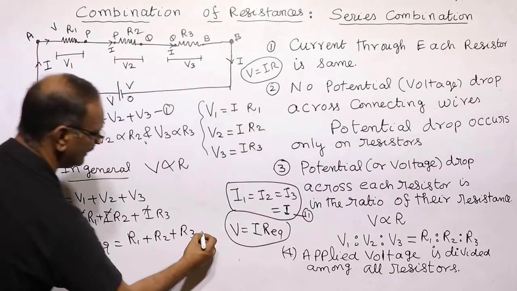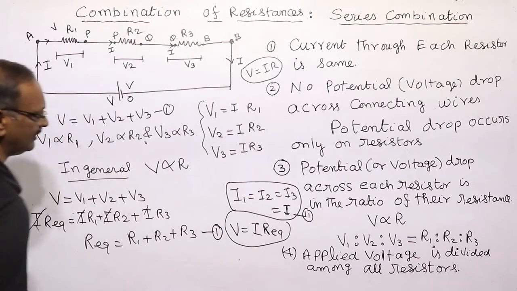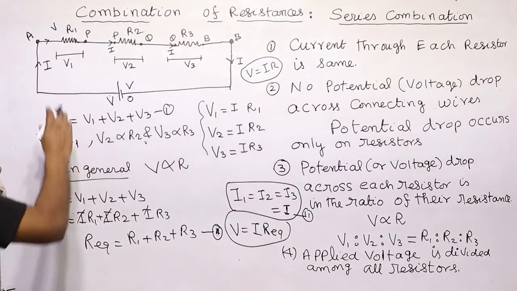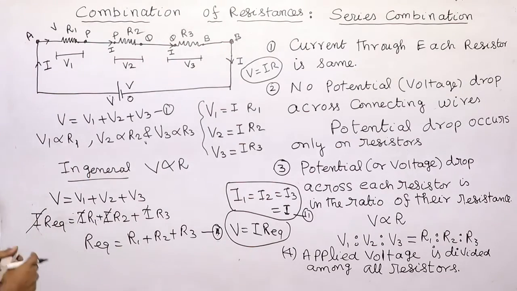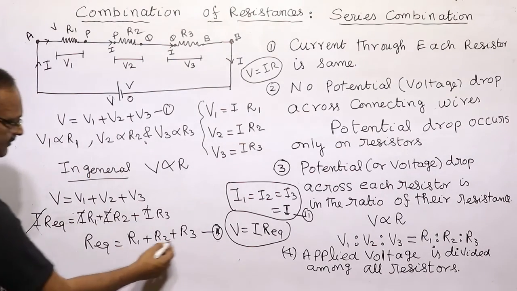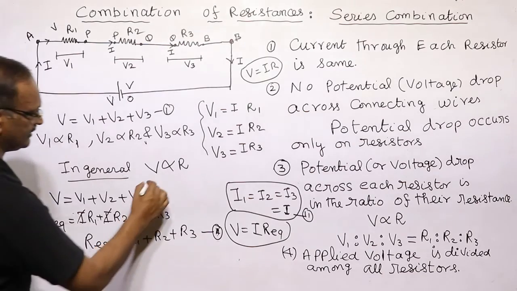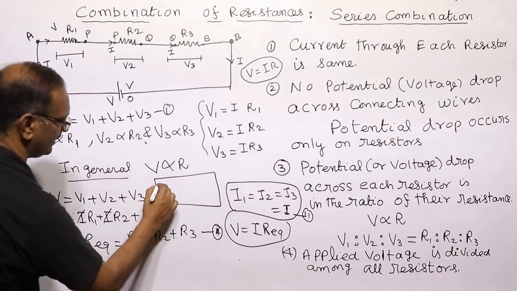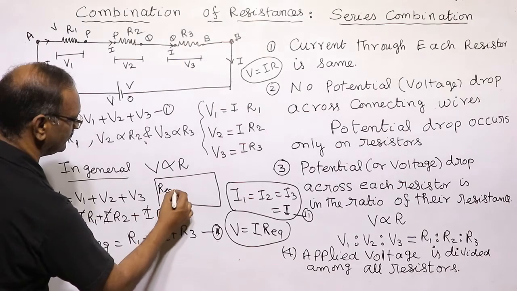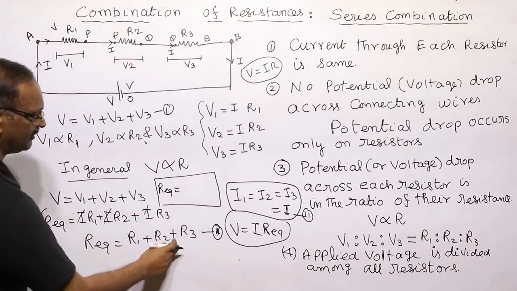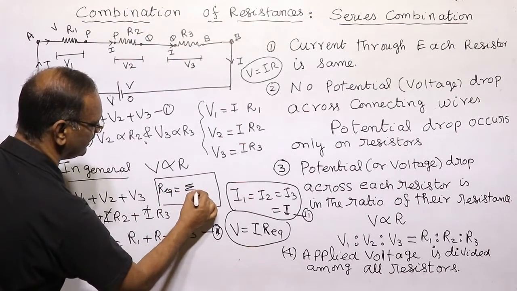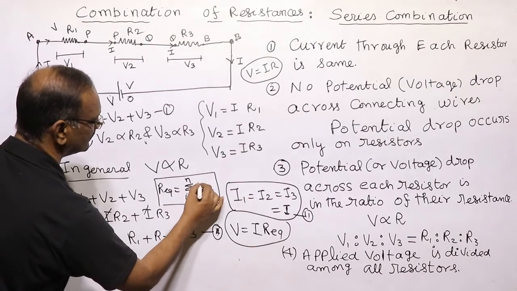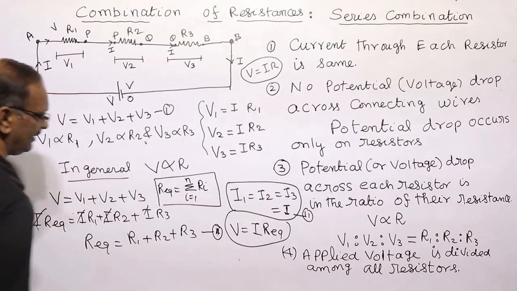So this is the equivalent resistance when resistors are connected in series. It is for the case of series resistance. Suppose you want to write R equivalent: R equivalent is equal to R1 plus R2 plus R3. We can write the summation of i equal to 1 up to N of R i for N resistances.